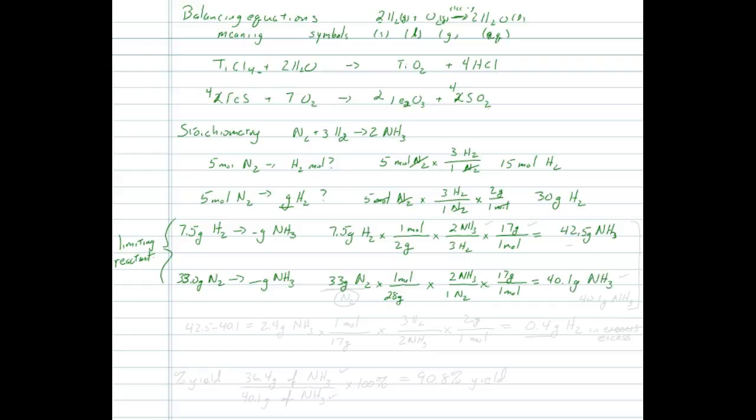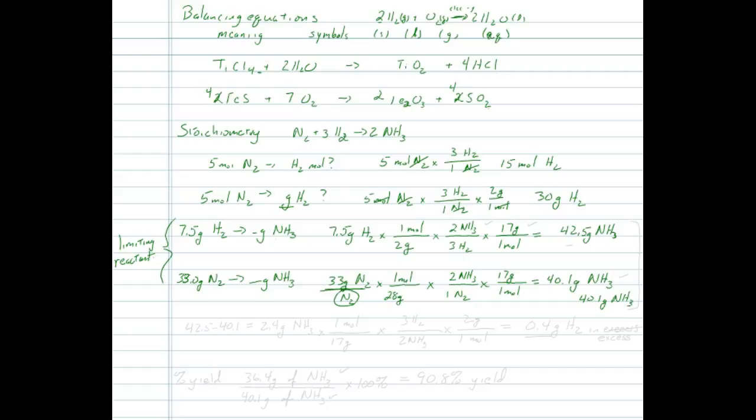You notice that even though you started off with more nitrogen, 33 grams, you ended up with less of this. So the limiting reactant is N2. The limiting reactant. How much ammonia could be produced? 40.1 grams of ammonia.